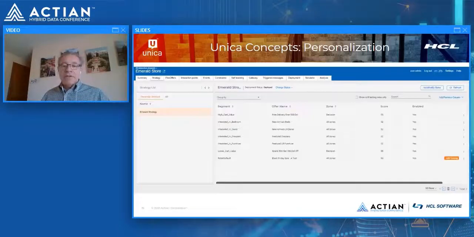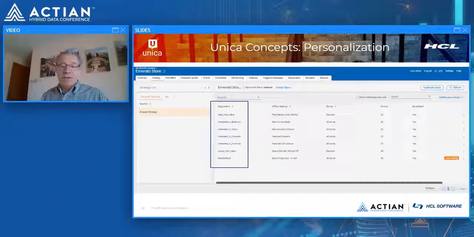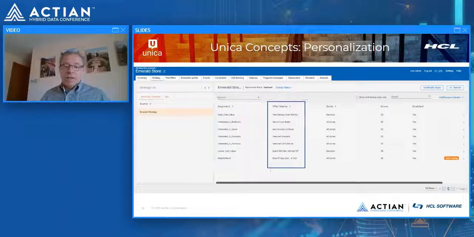Now, these two concepts come together in the definition of personalization rules. So what we see on the screen is a list of personalization rules defined within Unica Interact. And each rule has a segment component, which represents the target audience. Each rule has an offer name, so this segment will get this offer.